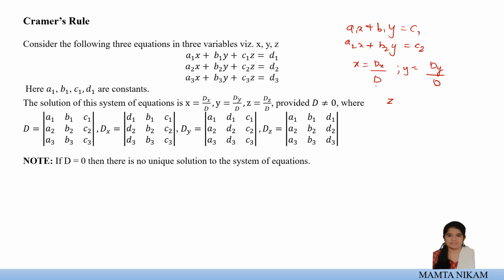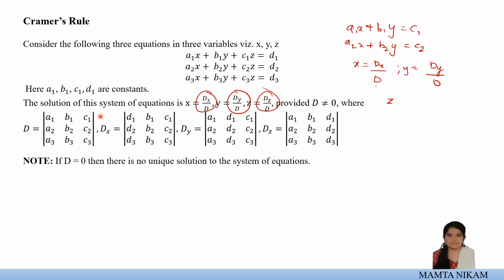Then the solution for the system of equations is given as x is given as dx upon d, y is given as dy upon d, and z is given as dz upon d. And this is provided the condition that d is not equal to 0. So what is d? D is basically the determinant of coefficients of x, y and z respectively from all the three equations.